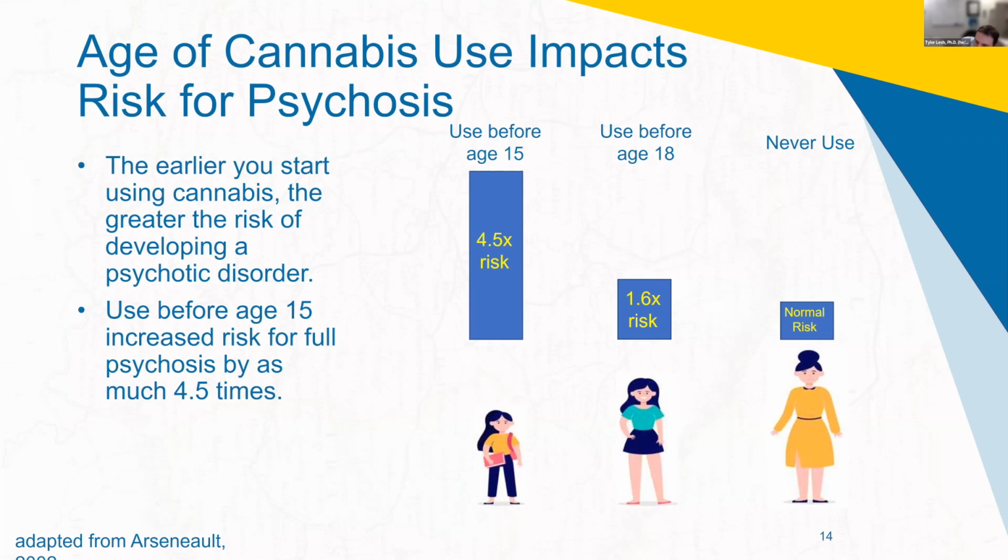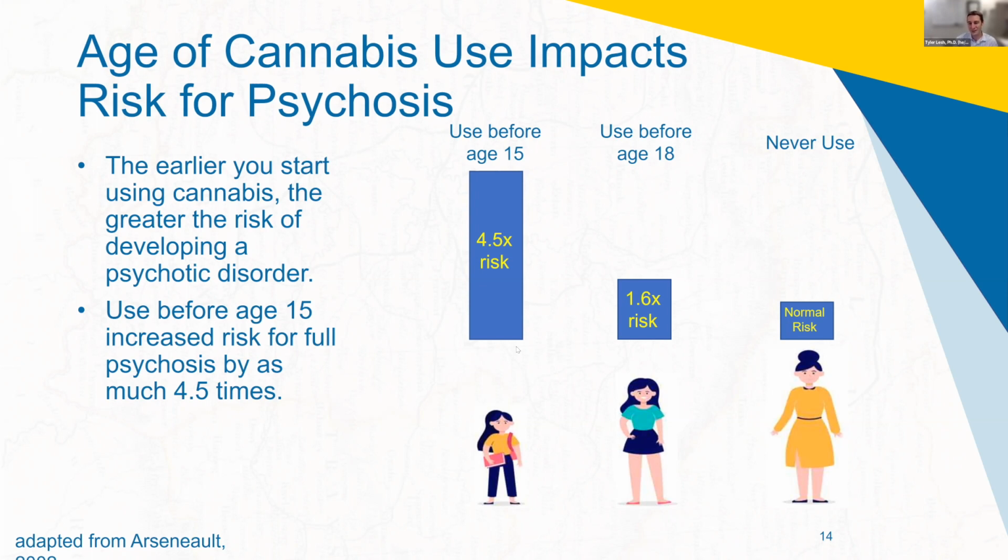And so there have been a lot of studies that have looked at how cannabis use might impact your outcomes depending upon when you use it. I mentioned that critical adolescent period where our brains are going through a lot of changes and pruning away connections. What has been found is that the earlier you use cannabis, the worse your risk for developing psychosis.